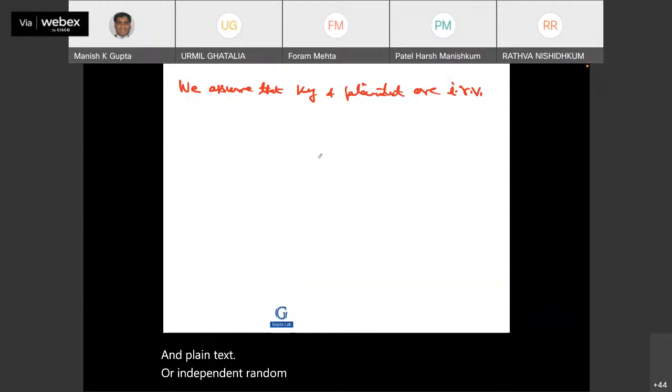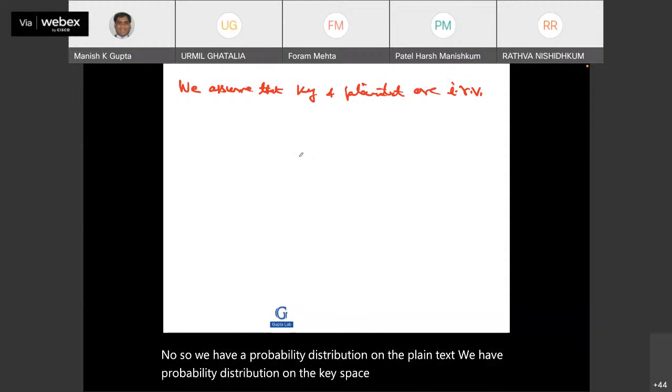This is our assumption, right? So we have a probability distribution on the plain text, we have a probability distribution on the key space. So this will induce a probability distribution on C, our ciphertext.